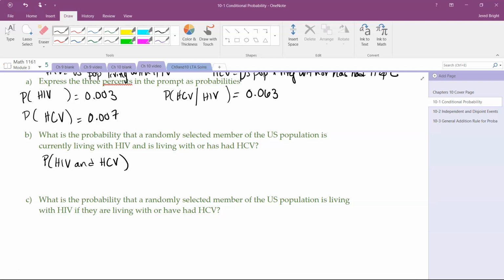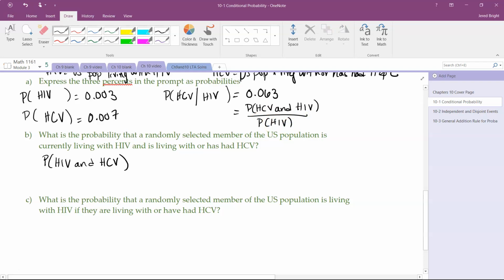I have no clue. So what I'm going to do is play with this conditional probability up here. Remember, when we write this conditional probability, this is the same as the probability of the intersection, or the probability of their simultaneous occurrence, HCV and HIV, over the probability of HIV.